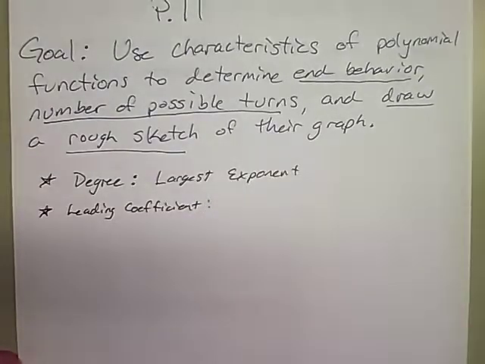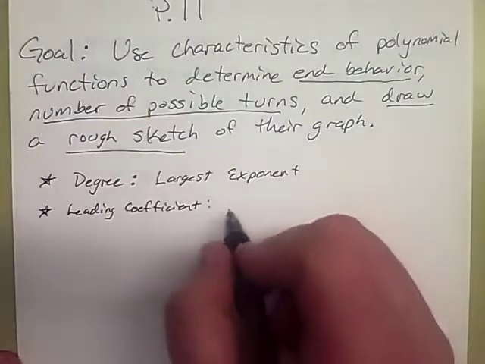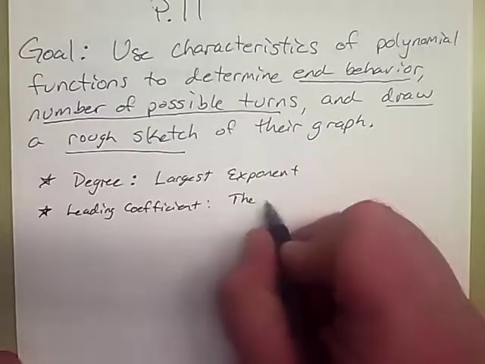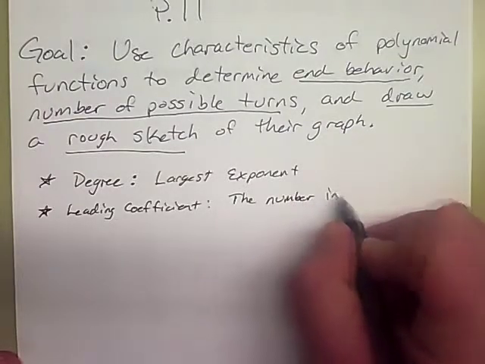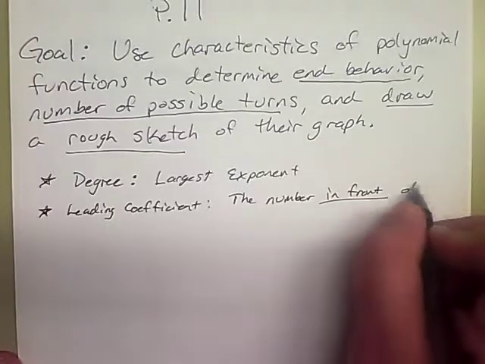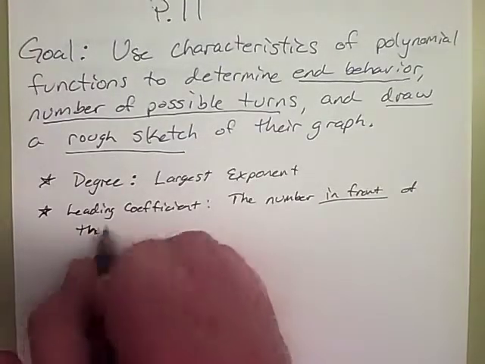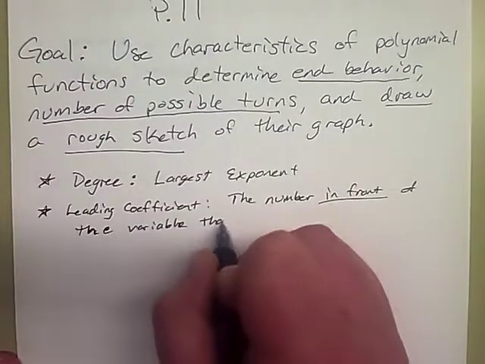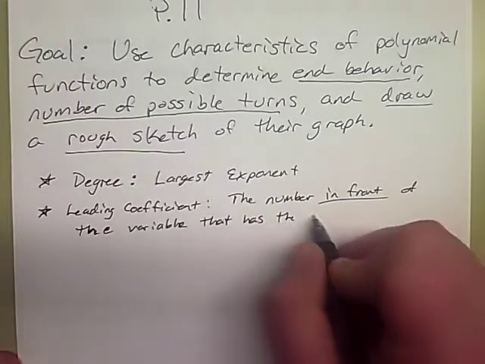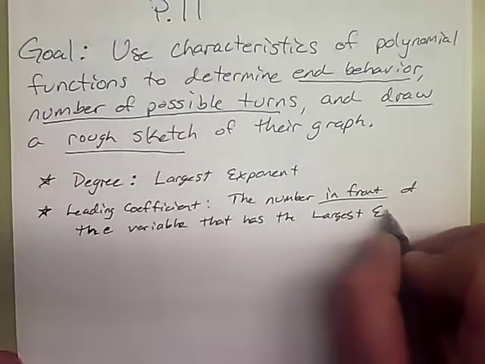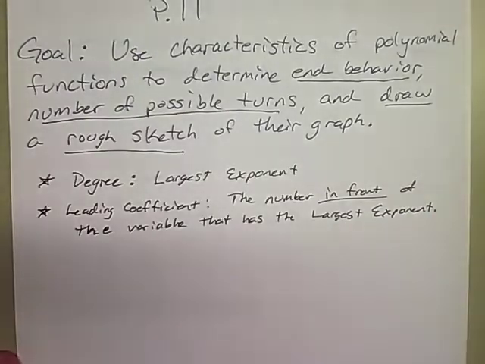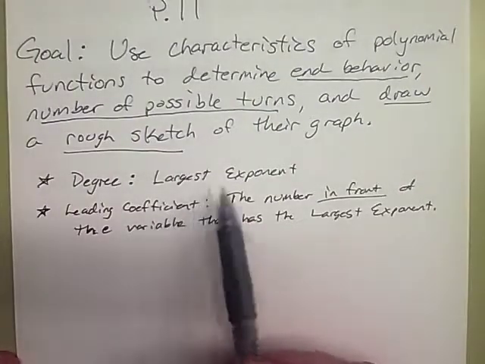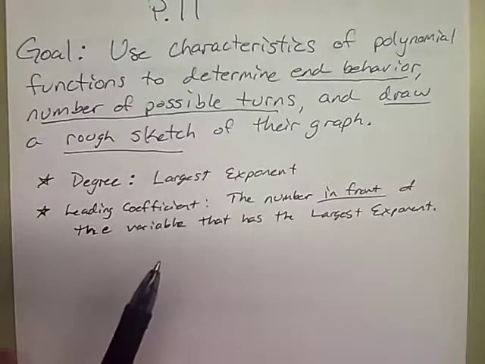All right, so that is the number in front of the variable that has the largest exponent. Okay, so these are the two things, the degree and the leading coefficient, that we're going to look at in order to be able to do these three things, okay?